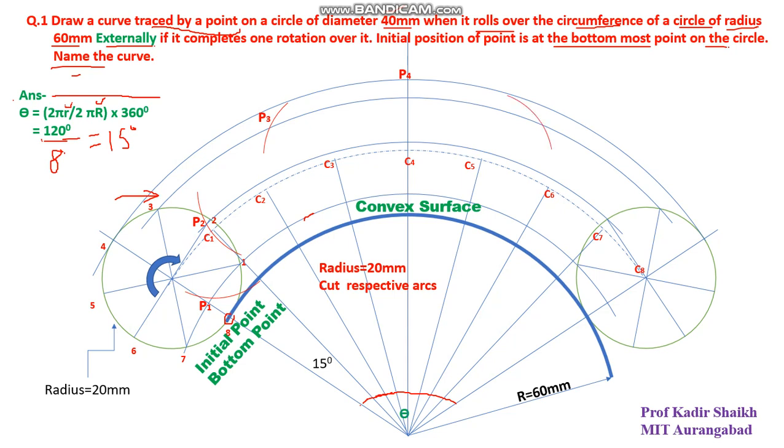C5 cutting projector 5 you will get P5, center C6 cutting 6 you will get P6, center C7 cutting projector 7 you will get P7, and the last point will be the same as the initial point 8. Now draw the curve through them.